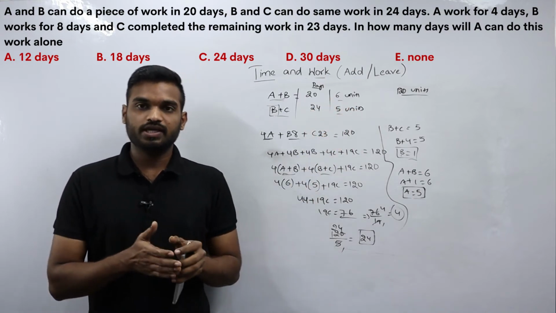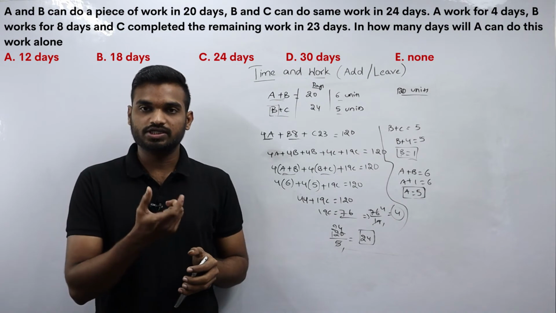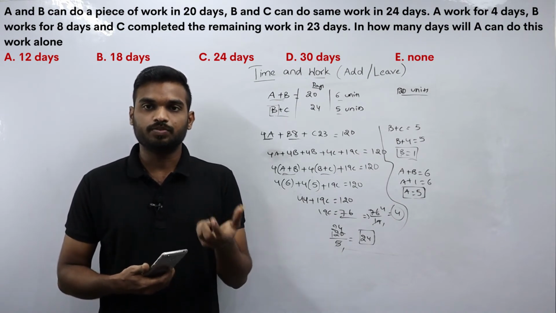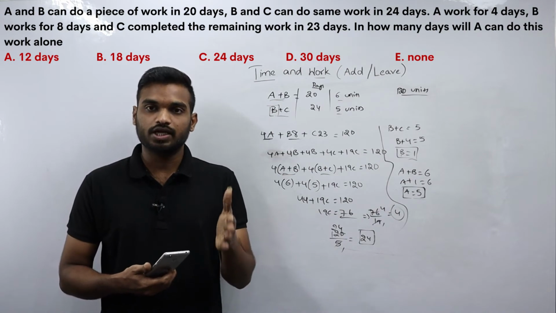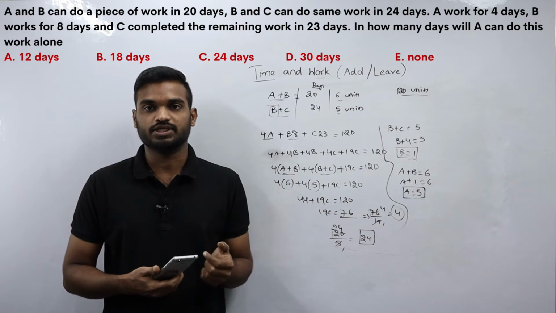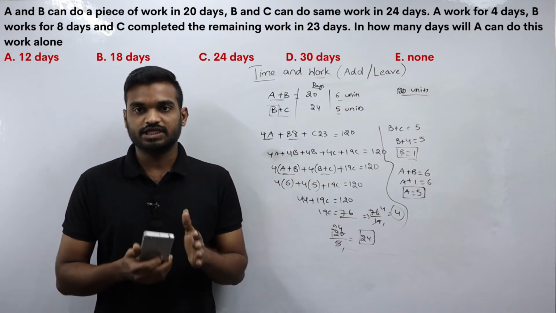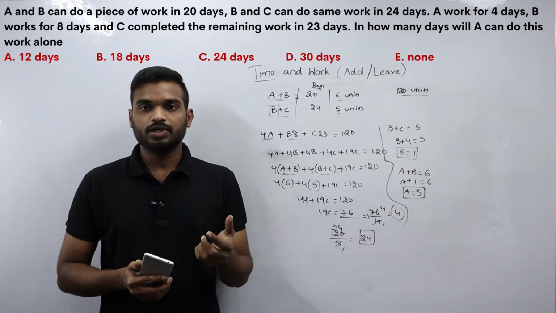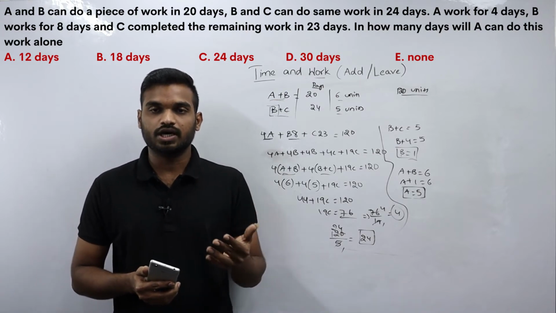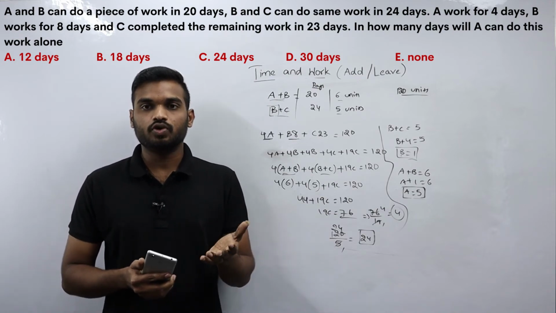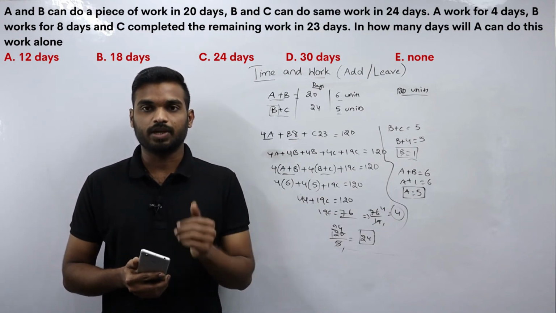See, no matter how many shortcut methods you learn, there will be some problems you cannot solve unless you know the normal or basic method and the basic concept behind the question. That's the reason I am suggesting you to solve the problems using both methods, because when you come across some tough questions in high level exams, you can know which method will be useful to solve the problem.